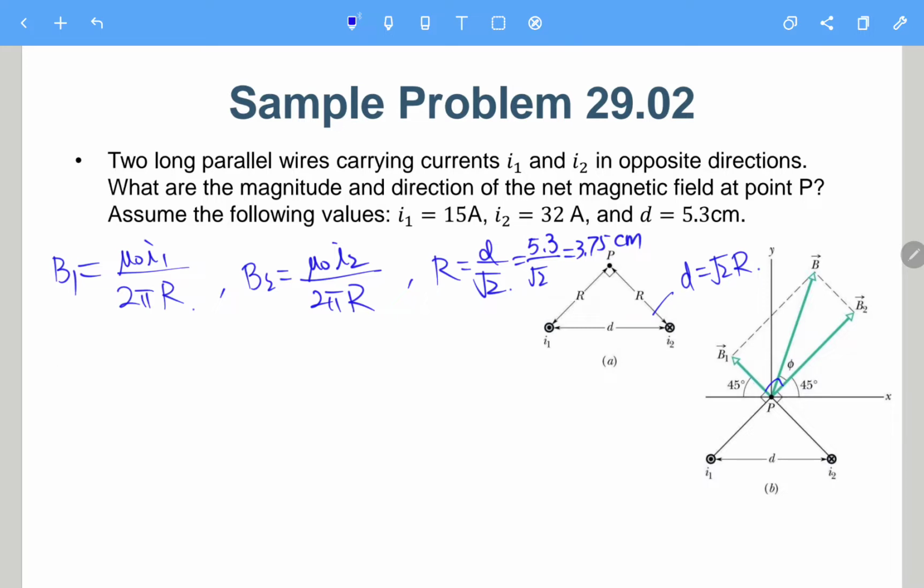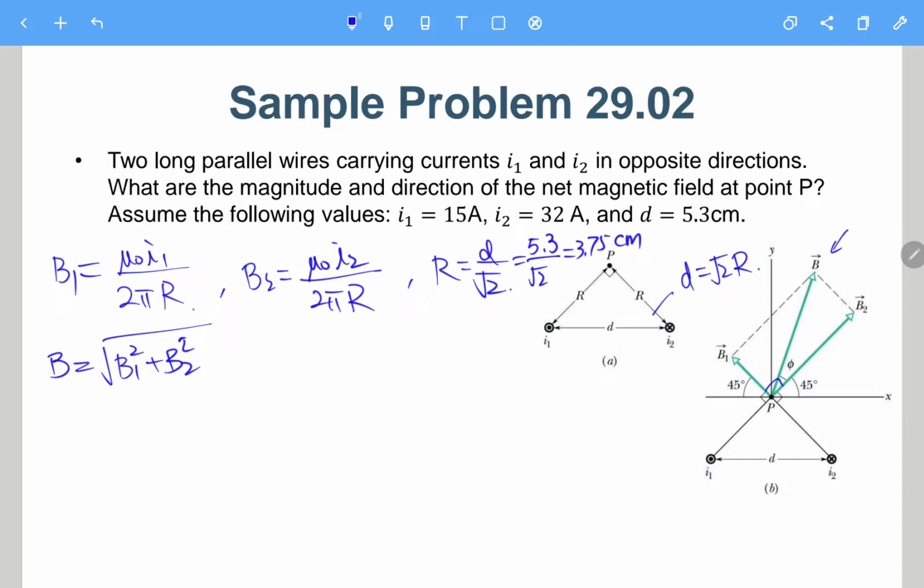So the total B field should be the square root of B1 squared plus B2 squared.